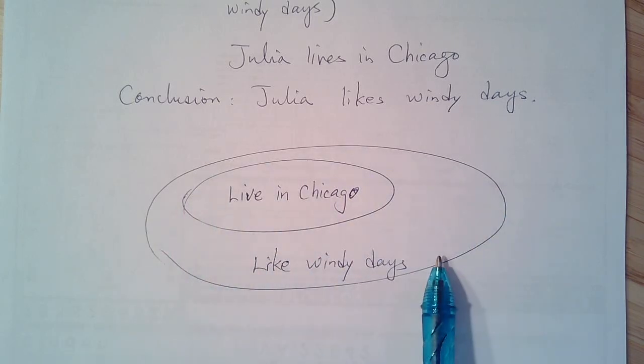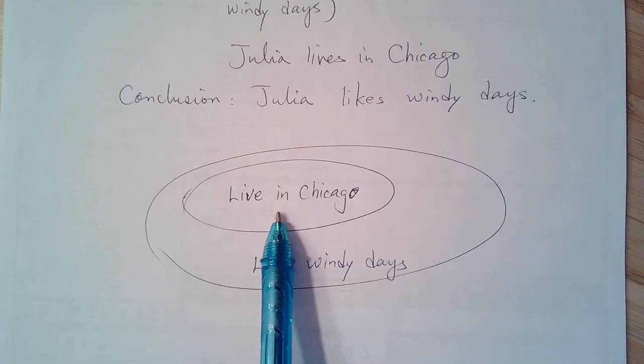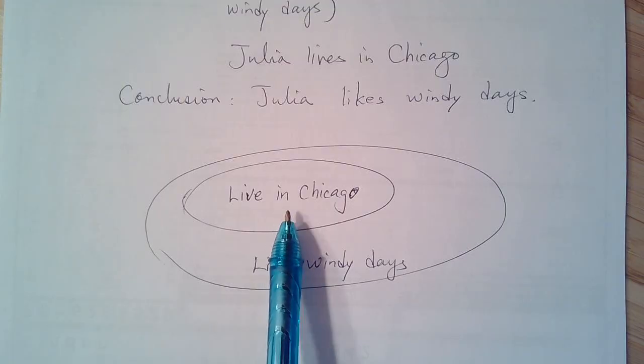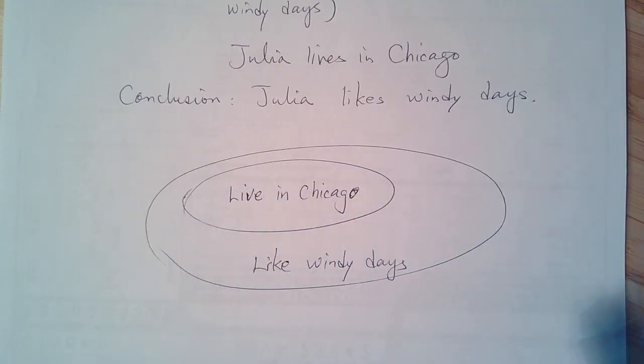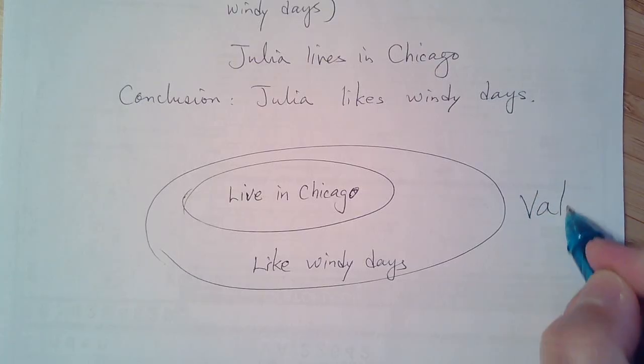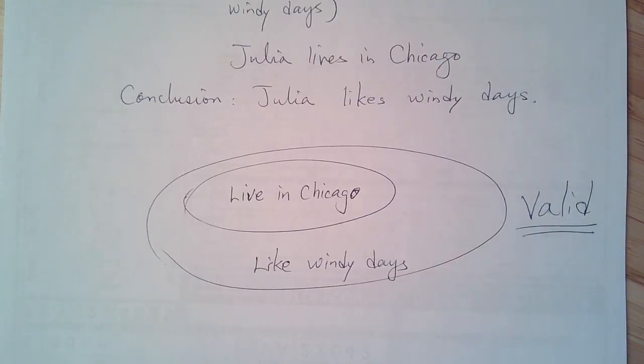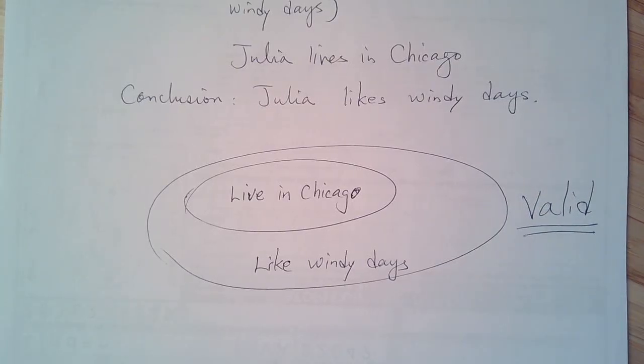The bigger set is all the people who like windy days. Now, Julia lives in Chicago, so Julia lives here. Julia is an element in this little subset, so she must be an element of the bigger set. So this is a valid deductive argument.